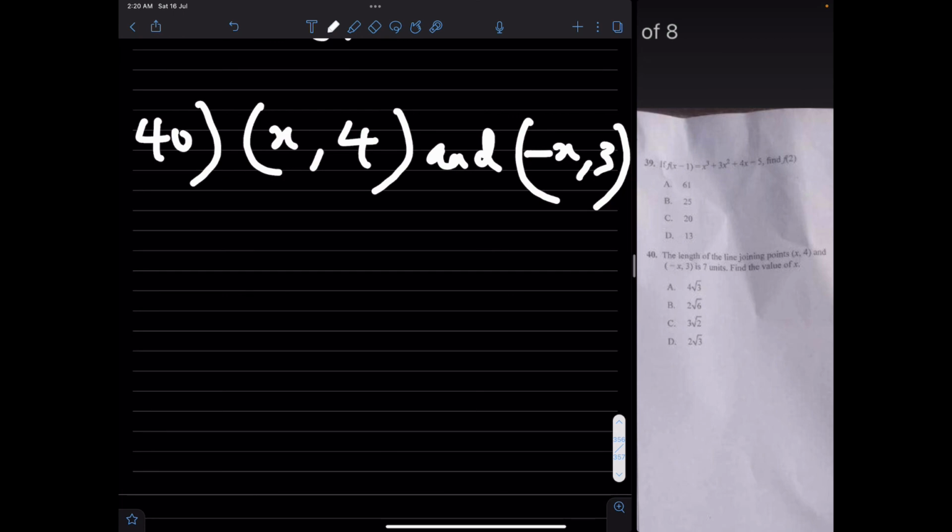That simply means we know the formula for the distance between 2 points. It is the square root of x2 minus x1 squared plus y2 minus y1 squared.